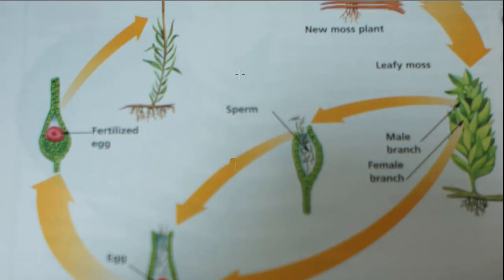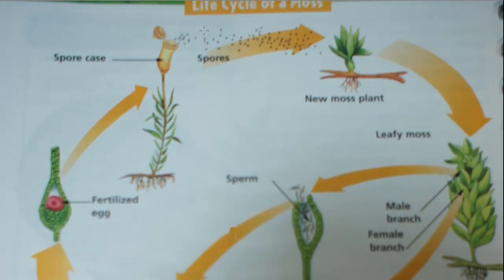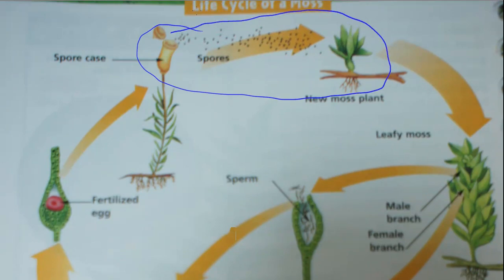So this cycle here is asexual reproduction. That's because the plant needs only one type of cell, the spore, in order to reproduce. So they only need spores. This is the spore casing, and these produce new moss plants. That's stage 1. Let's pick another color.